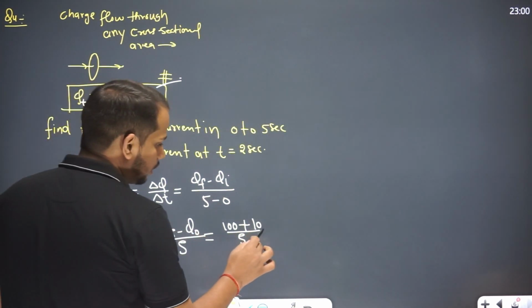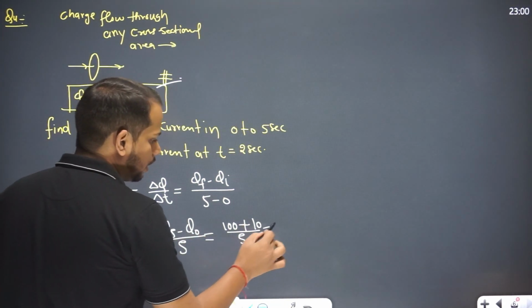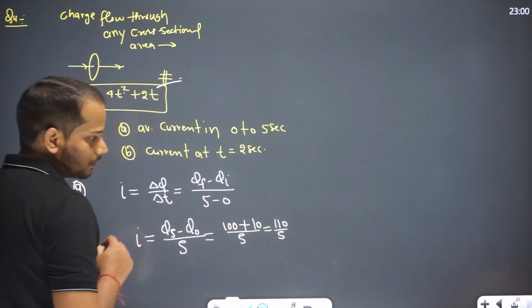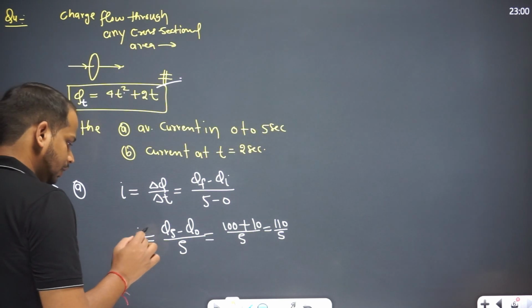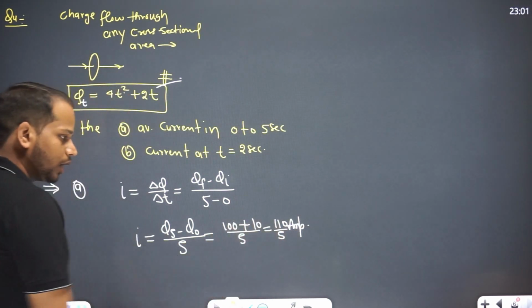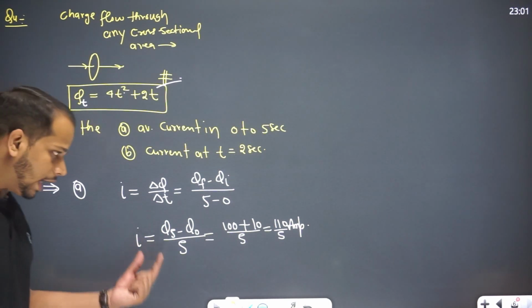So what is the result here? The result is 110 by 5. This is the value of current in ampere. You can cancel out, not an issue, right? This is the value of average current.